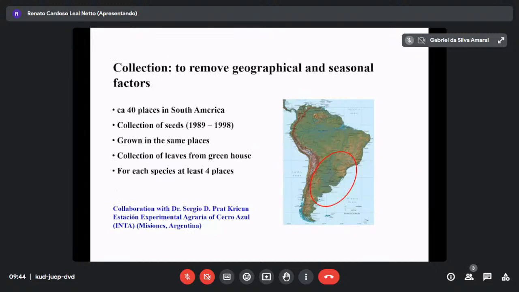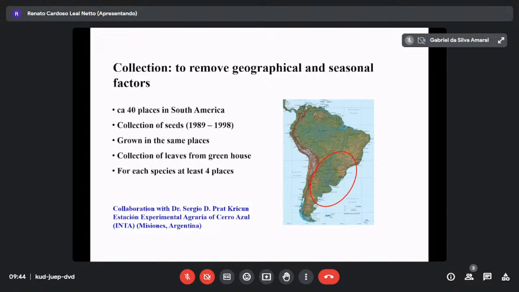This one is a lucky case because I'm not a big traveler. My friend in Argentina, an herbarium specialist, traveled all over South America, Brazil, Paraguay, Argentina. Over many years he collected all the seeds and grew them in his garden.